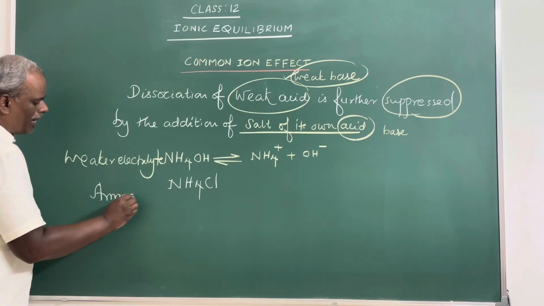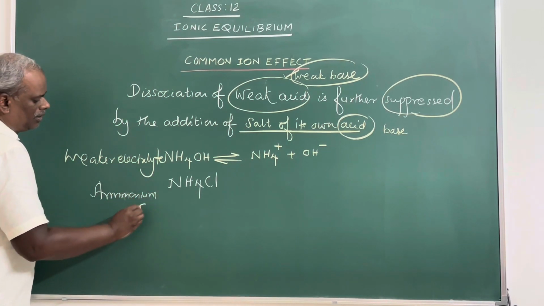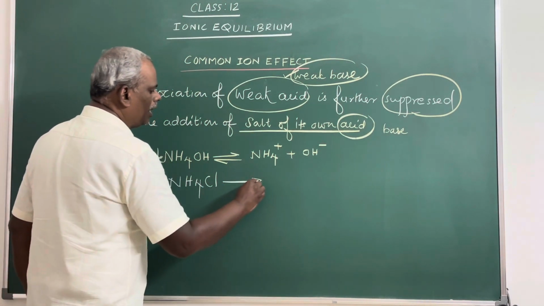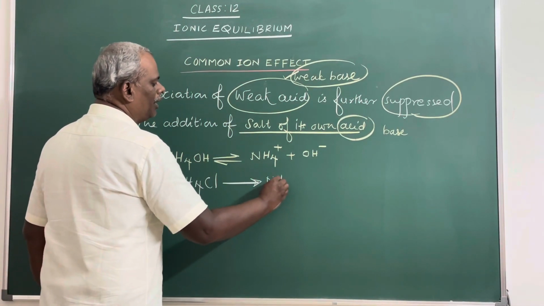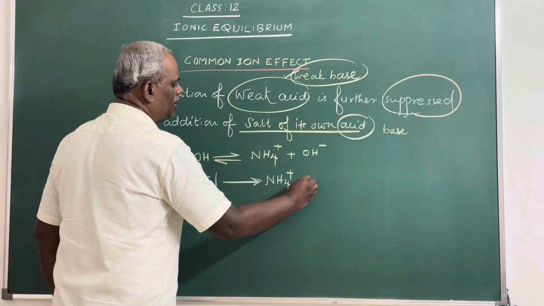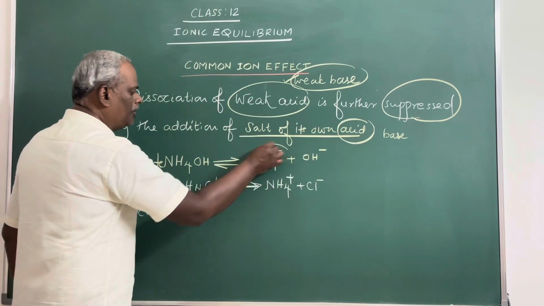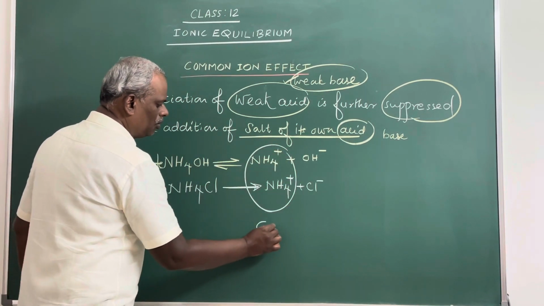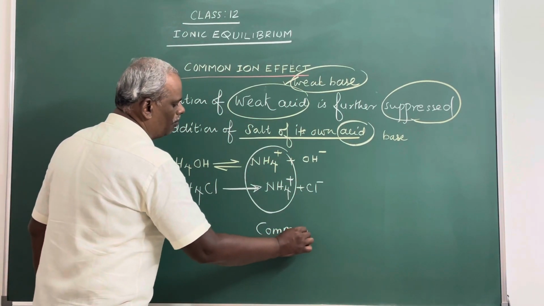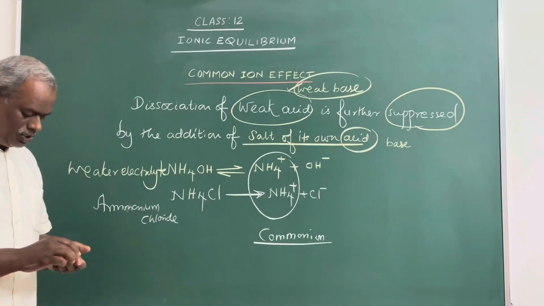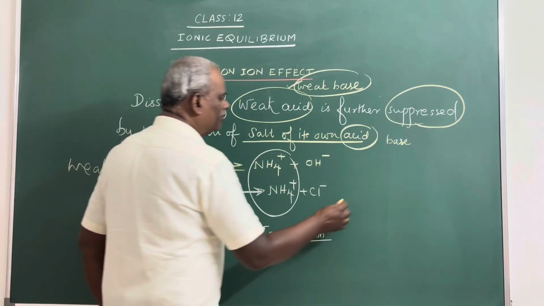It is a stronger electrolyte that gets completely ionized to form NH4 plus and Cl minus ion. Now, the ammonium is becoming common. So, the concentration of ammonium ion increases, which means we are disturbing the equilibrium.